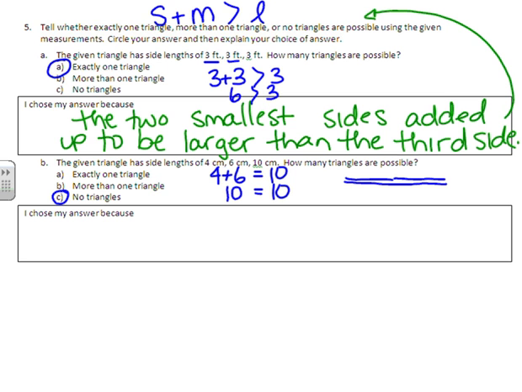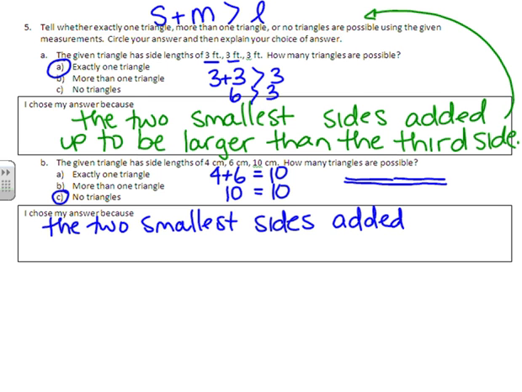I chose my answer because the sum of the two smallest sides added up to be equal to the third side.